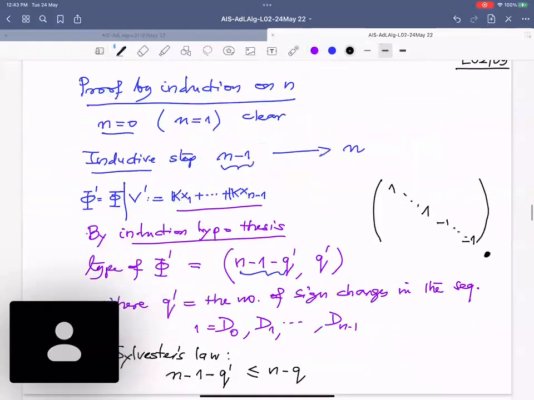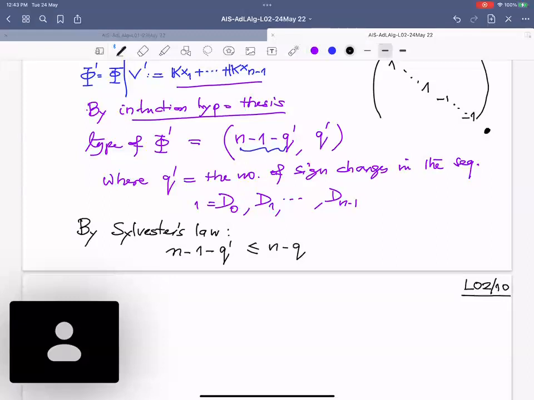So already 1, 1, 1, 1 are so many times. So this can be positive or negative. If it is positive, then this will be strict inequality. If it is negative, it will be equality. So this is clear. Is that clear? I give a couple of seconds pause.